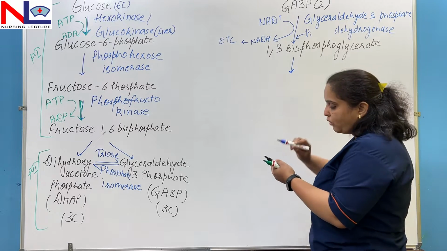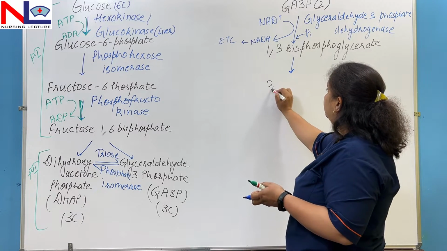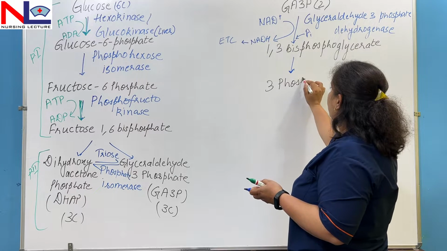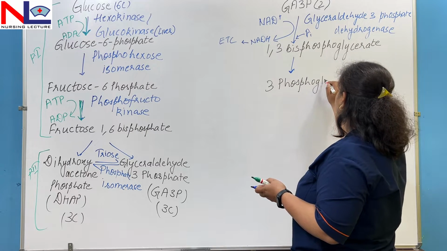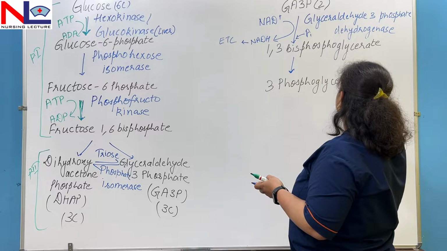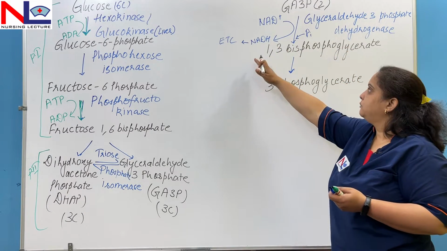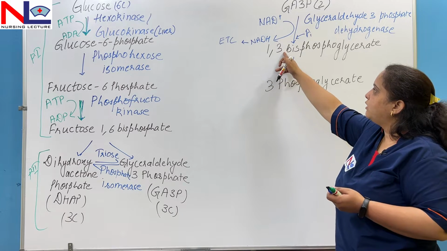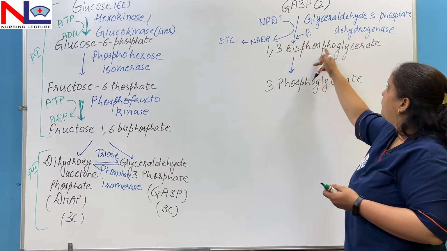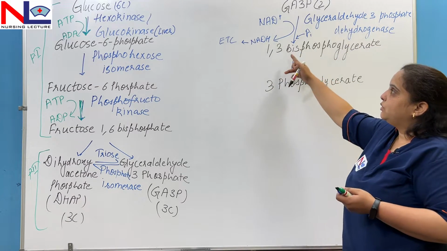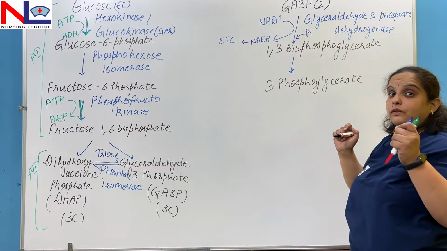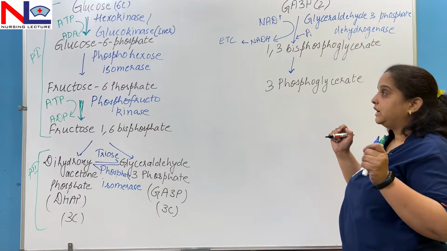Now after that, the next reaction that occurs forms the metabolite 3-phosphoglycerate. So here you can see one is removed, bis is removed. Now the only one left is 3-phosphoglycerate. Here you can see that one phosphate group is being removed.